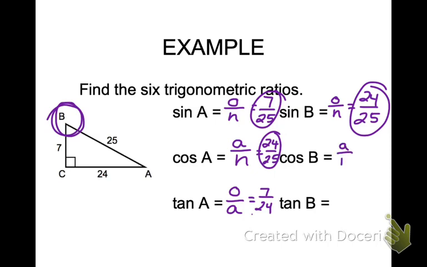Cosine is A over H. So what's the adjacent leg to B? 7 over 25. And then O over A would be what? 24 over 7. Good. Okay, so we'll stop.